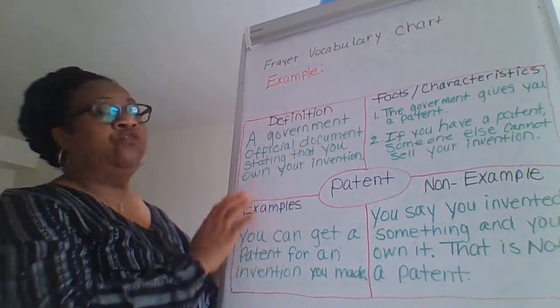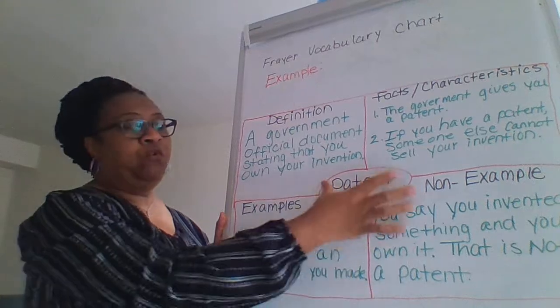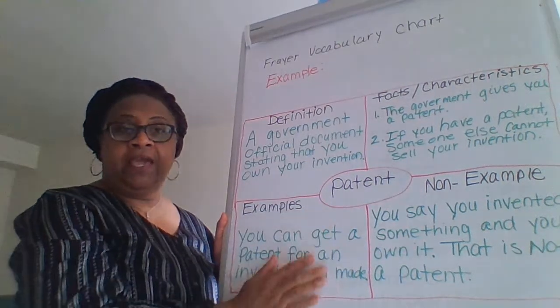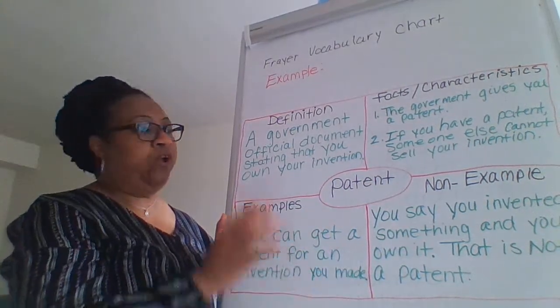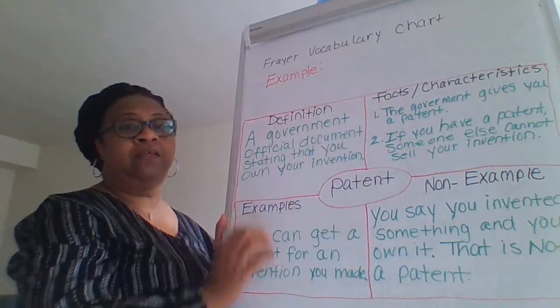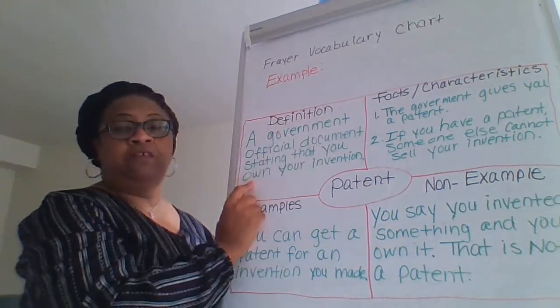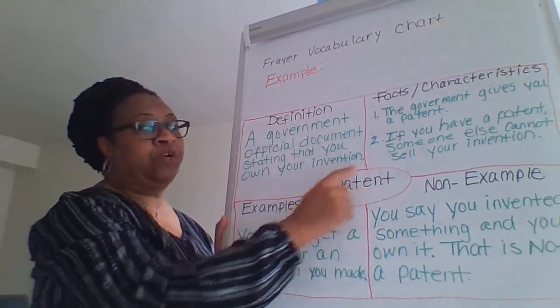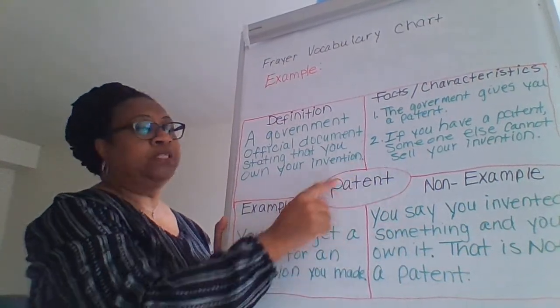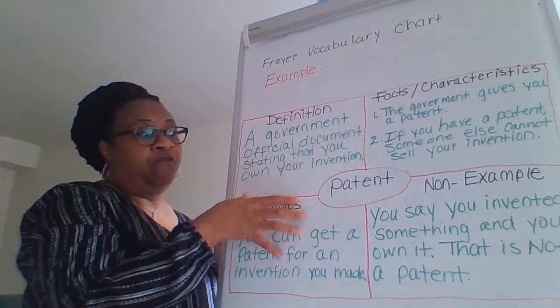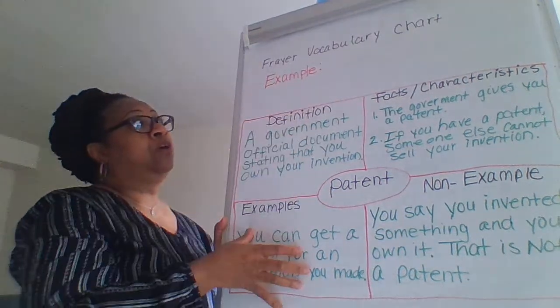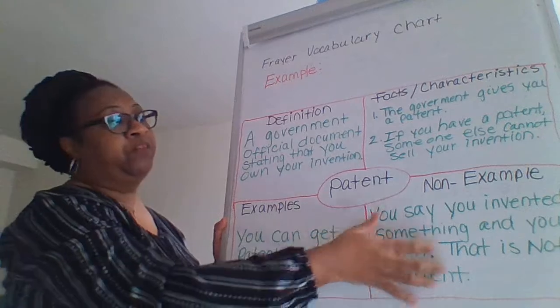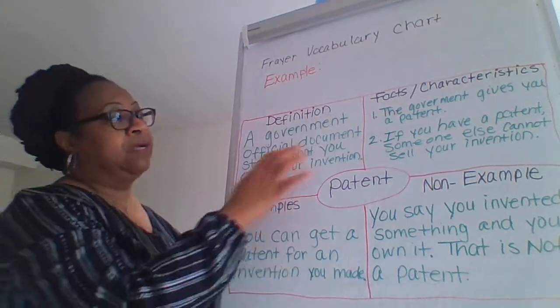You will use this chart for each vocabulary word. On the Frayer chart, you have four boxes. The first box is where you would put the definition of the word. The word in the center is your vocabulary word for that particular box or boxes.